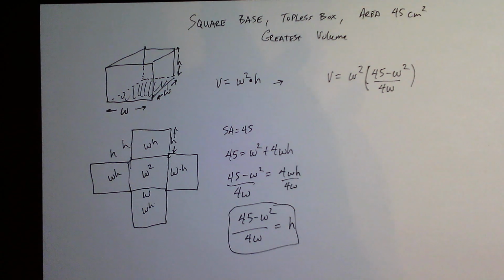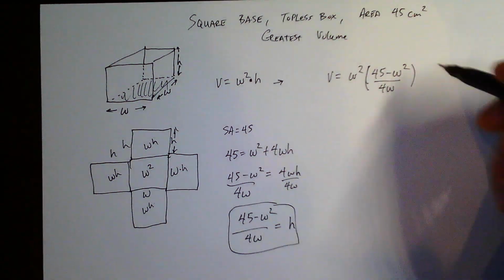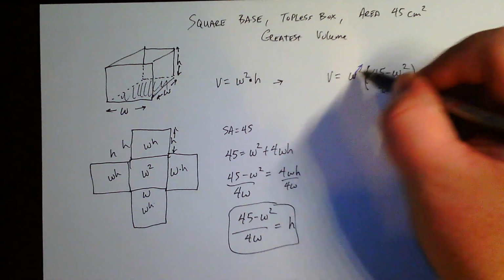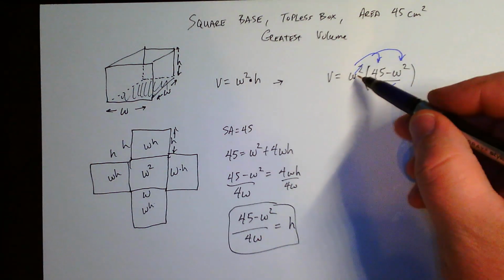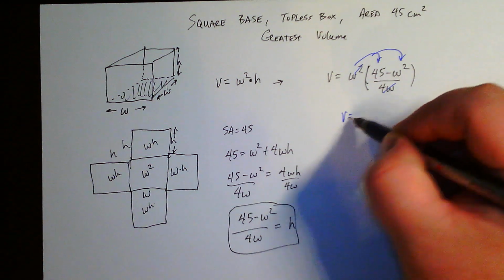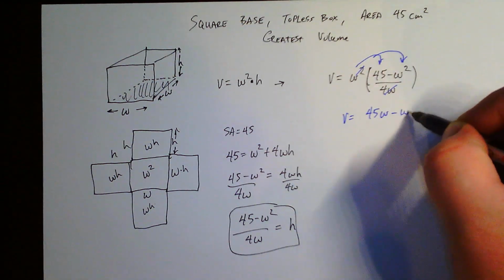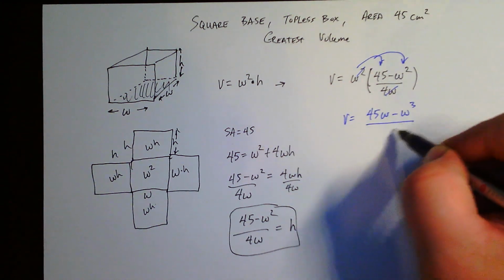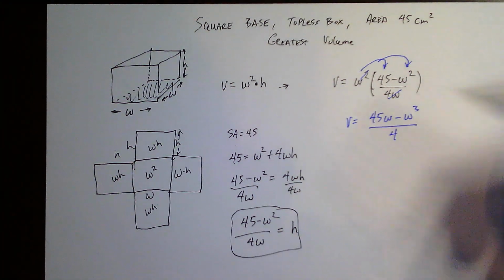Let's simplify this, make sure we get a nice, clean, easy to deal with expression so we can take its derivative without getting hung up. So I'm going to reduce, and then I'm going to distribute. W goes into W squared W times, so V equals, I'm going to distribute, 45W minus W cubed over 4. Yeah, W times W squared is W cubed divided by 4.